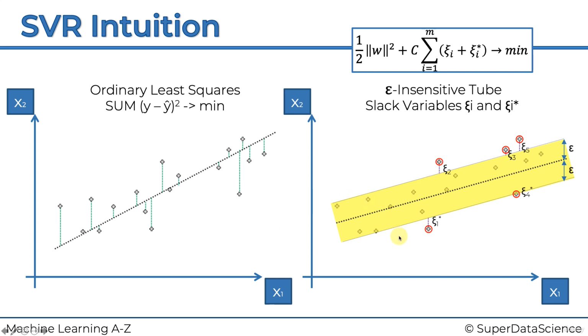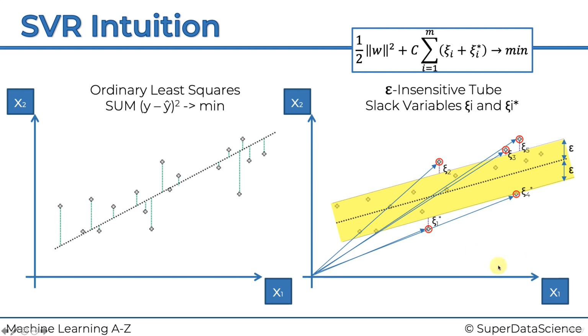And also, one final thing, why is this method called support vector regression? Well, because any point on this plot is a vector, right? It can be represented as a vector in this two-dimensional space, or a multi-dimensional space if you have more features.